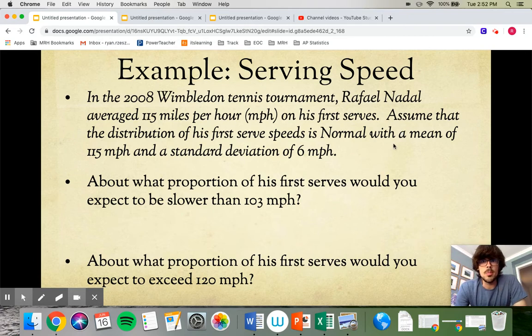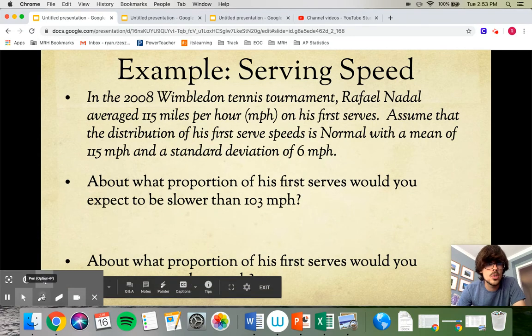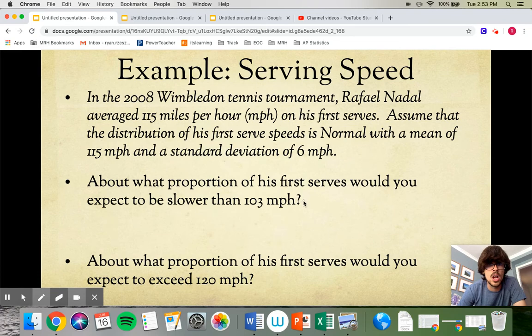In this tennis tournament, Rafael Nadal, a very famous tennis player, has an average serve speed of 115 miles per hour, pretty fast, and the standard deviation is 6 miles per hour. On average, he hits at 115 miles per hour with a standard deviation of 6. About what percentage of his first serves would you expect to be slower than 103 miles per hour?